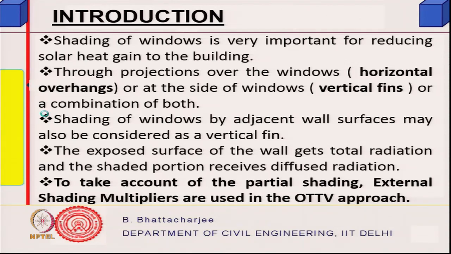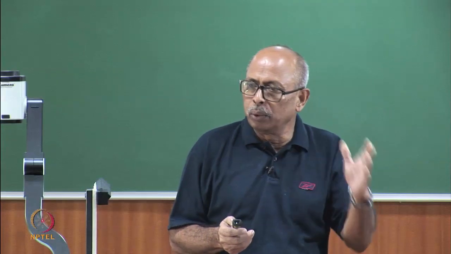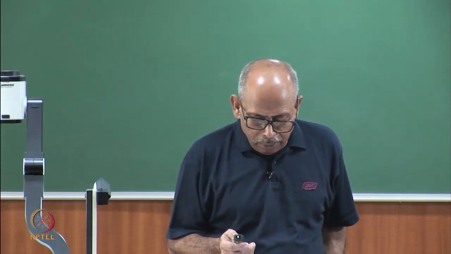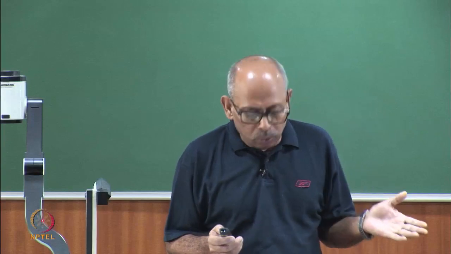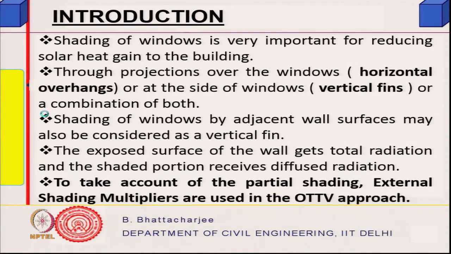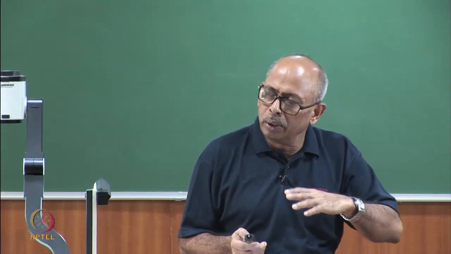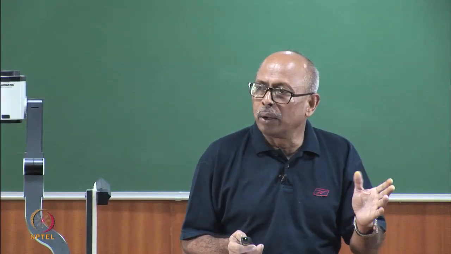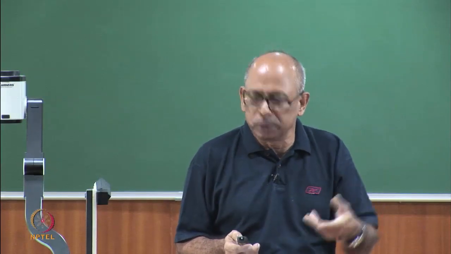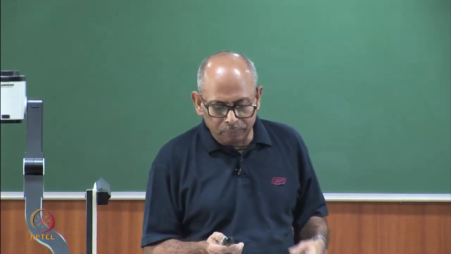Through projection over the windows, we can actually both reduce the summer heat gain and allow winter heat gain, etc. And vertical fins also can do the same. So, we define something called external shading multipliers to take care of what is happening throughout the year. We looked into some of those efficiencies. We will come back to texture again after this.